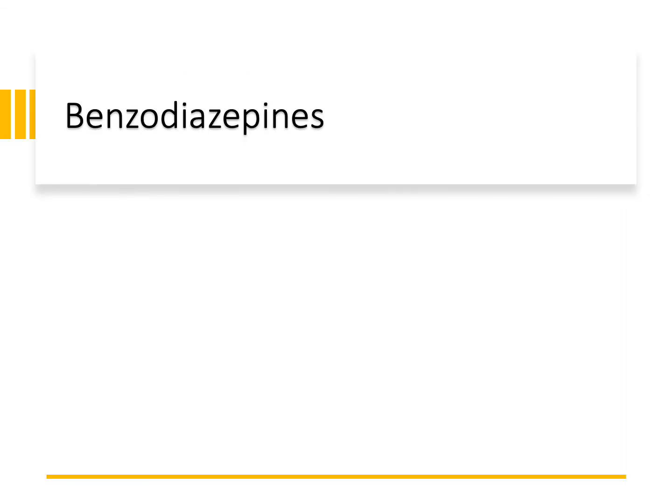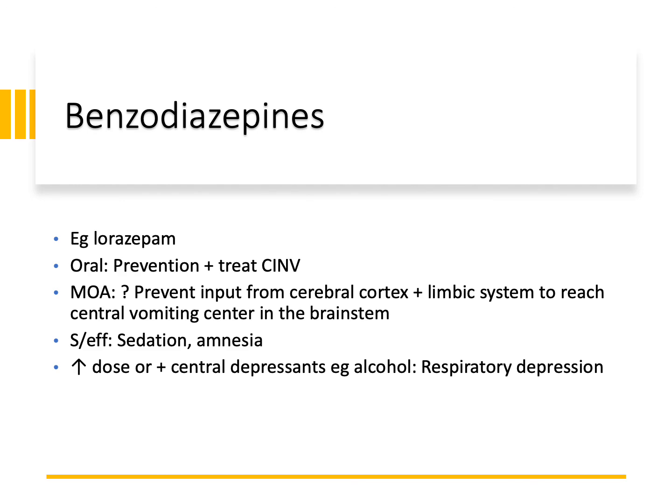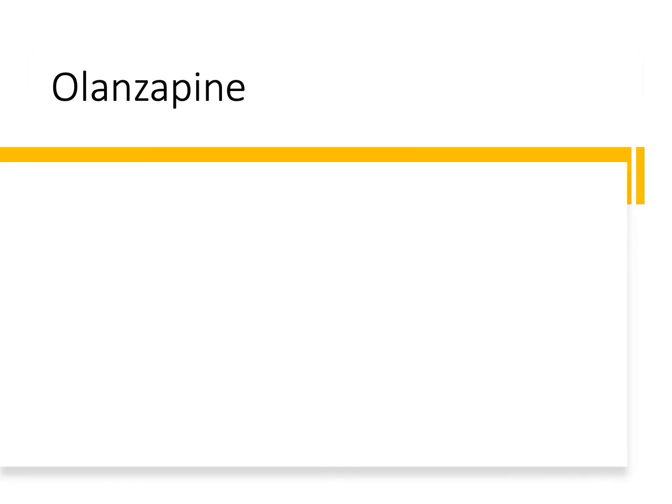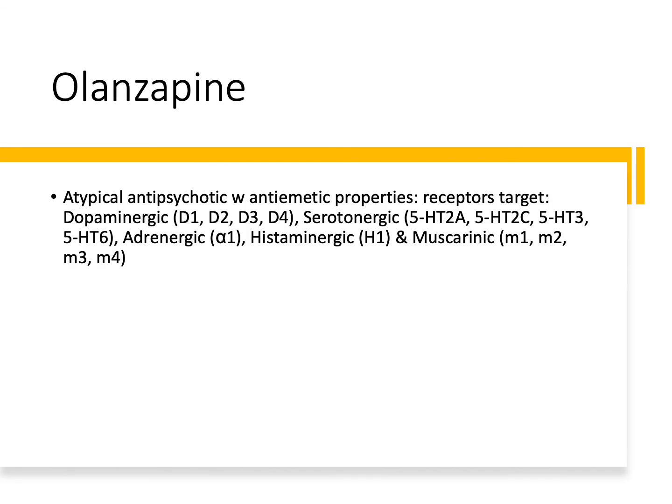Another example is benzodiazepines, again to be used in combination, probably for resistant cases. Examples like lorazepam, again to calm down the whole system, with a little bit of sedation effect. Obviously you don't use it at an ultra high dose, which may cause respiratory depression. Another drug is olanzapine, which you already know is an atypical antipsychotic drug.